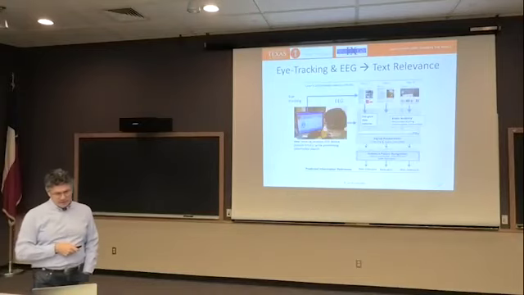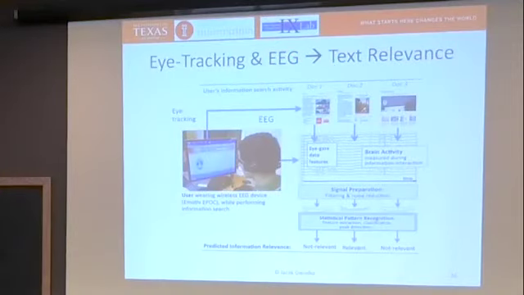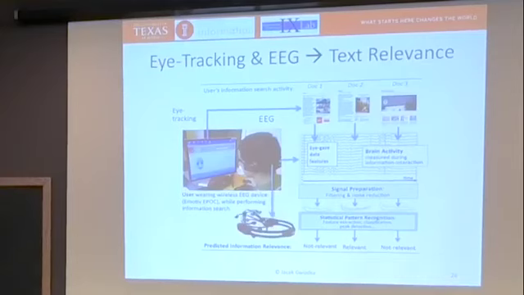So the overall approach here is to have people possibly first in front of an eye tracker, which is underneath here, and wearing, it's not very well visible, an EEG headset, a simple headset, and then we process this information and use it to additionally infer which of the documents that they're viewing is relevant, or at least more relevant, to their task.